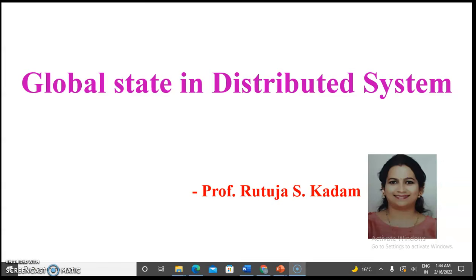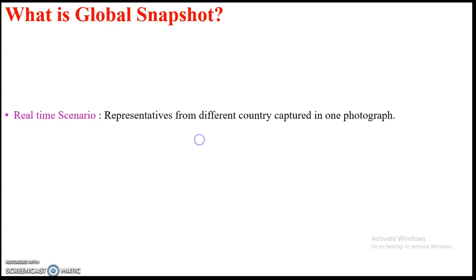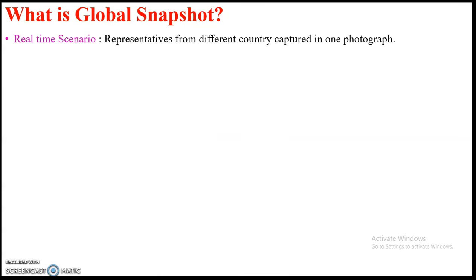Today we will be learning global state in distributed systems. Now what is the global snapshot? Let us consider this real-time scenario wherein representatives from different countries are captured in one photograph, irrespective of time and irrespective of space.